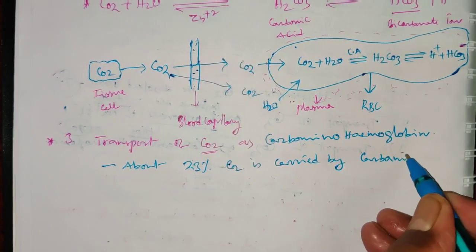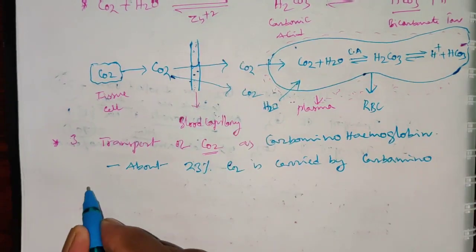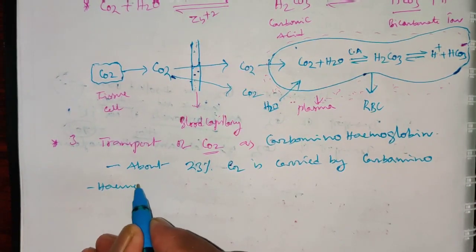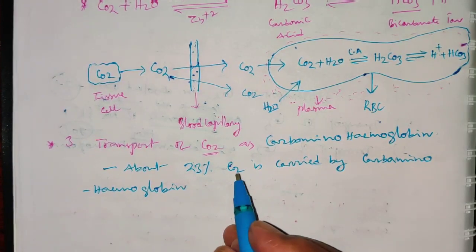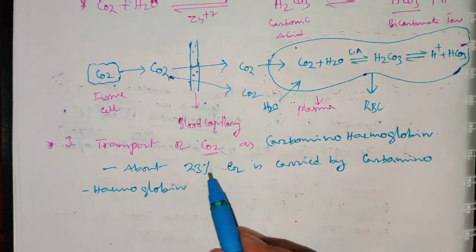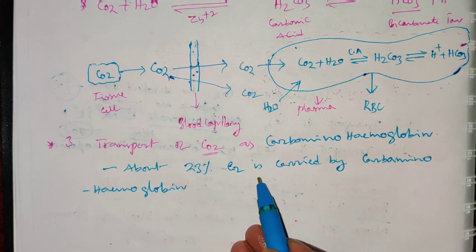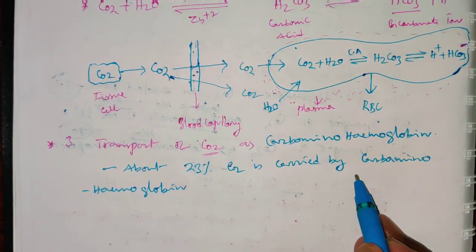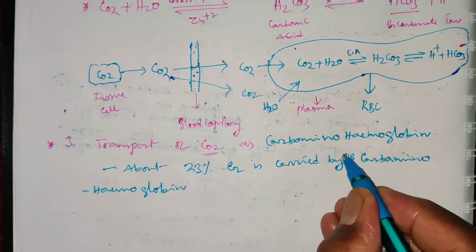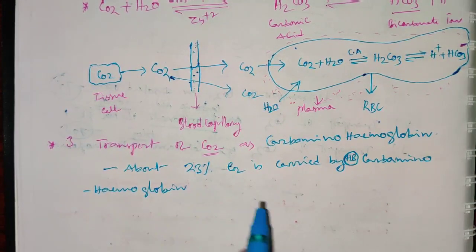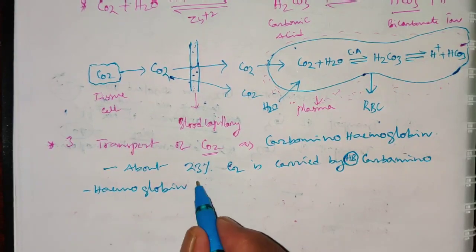Carbaminohemoglobin means about 23% of carbon dioxide is carried by hemoglobin as carbaminohemoglobin.